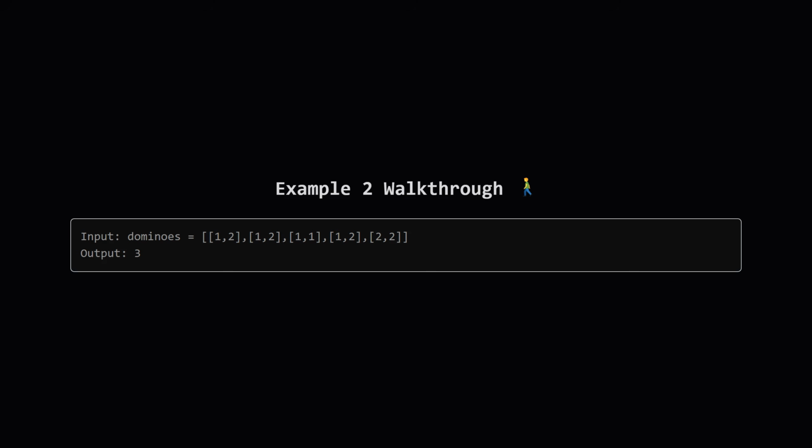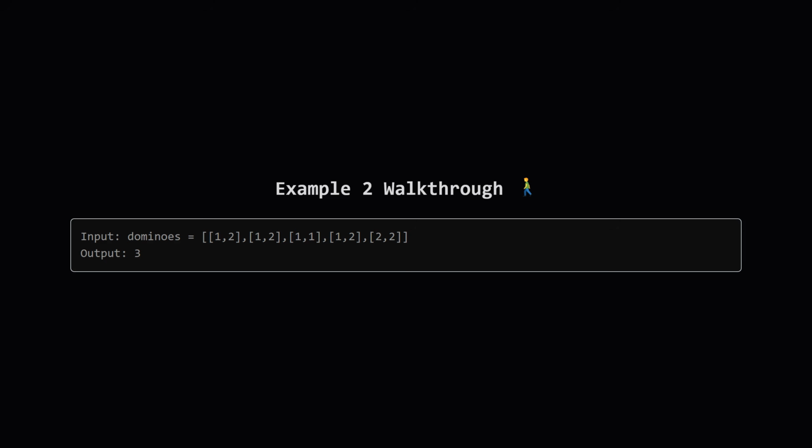Let's try another one. Input 1, 2, 1, 2, 1, 1, 2, 2. Okay. Let's see. We have 1, 2 at index 0. Then another 1, 2 at index 1. That's a pair.